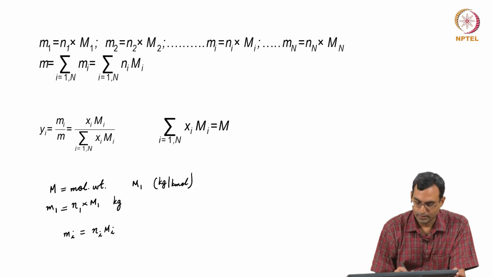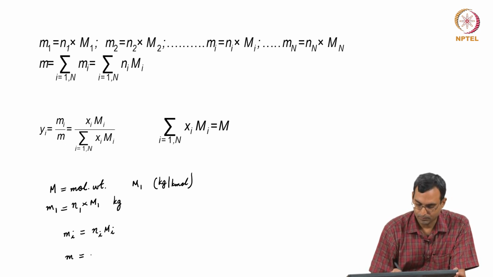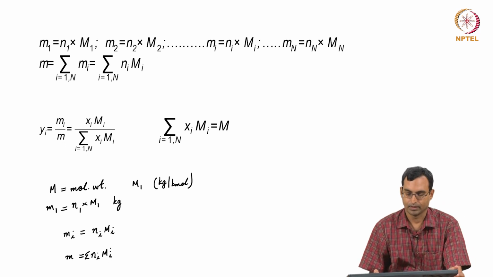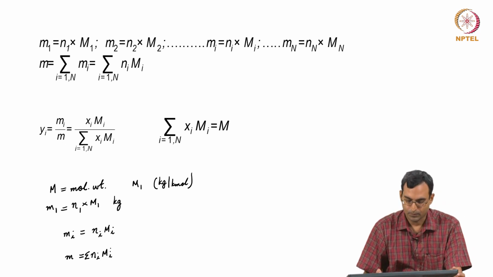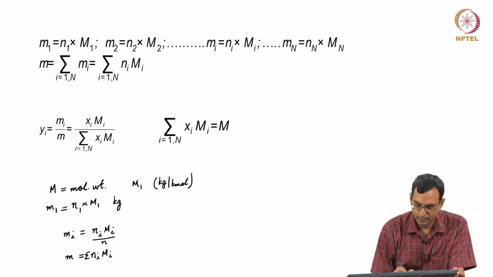And I also have the other formula, which is the total mass m is the summation of the number of moles of each species into the molecular weight of the corresponding species. What I can do is divide each of these by the total number of moles.